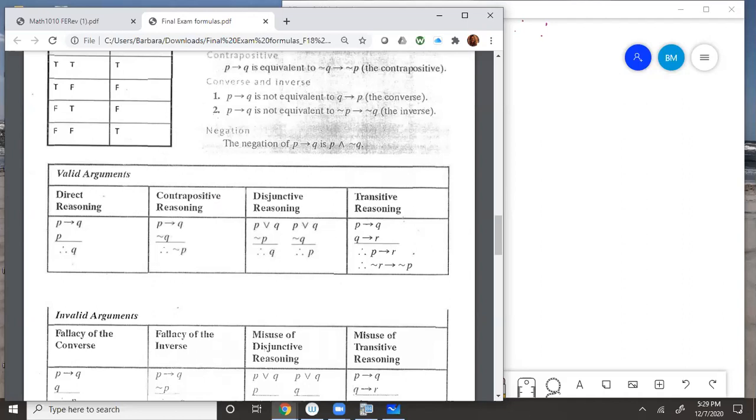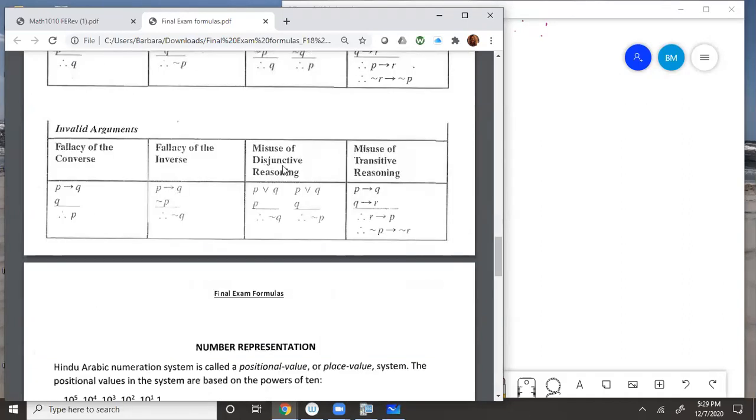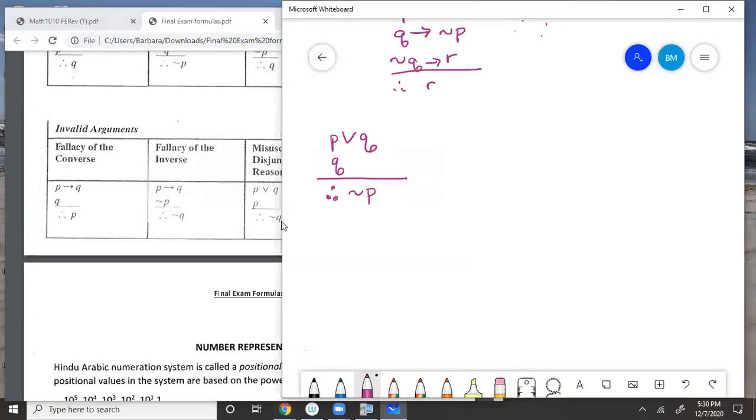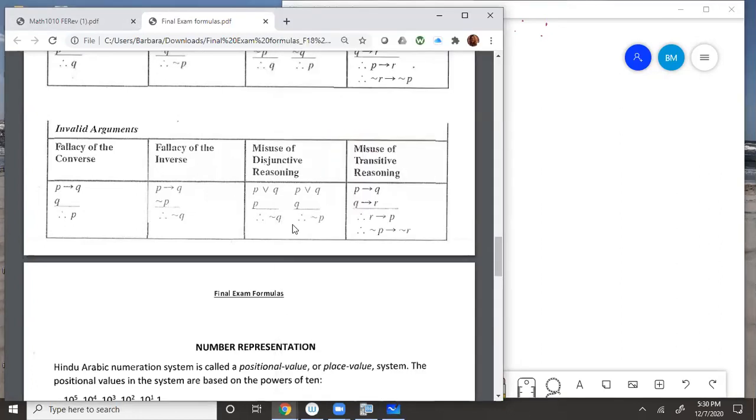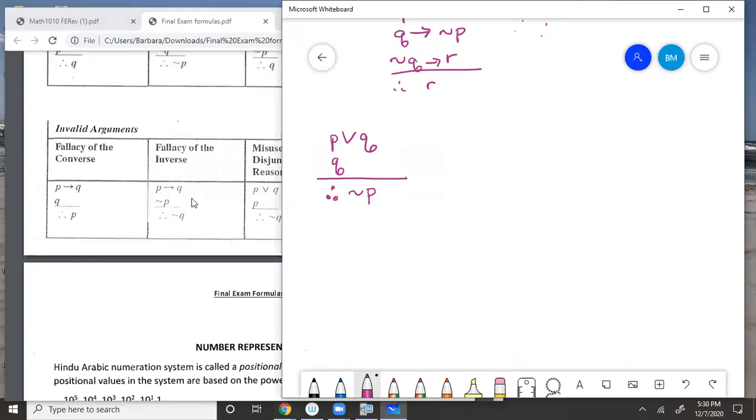But here is the fallacy, or the misuse of disjunctive reasoning: if P or Q and P is true, then not Q. This is an invalid argument. So we have this symbolic form that matches this right here. If you can match it to one of the invalid arguments, we can say this is invalid.